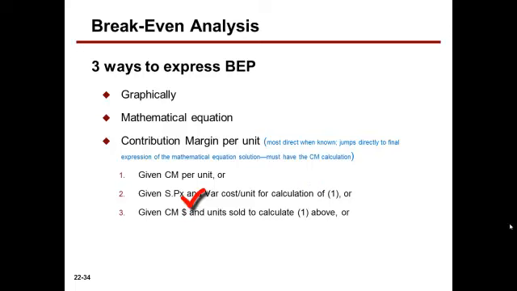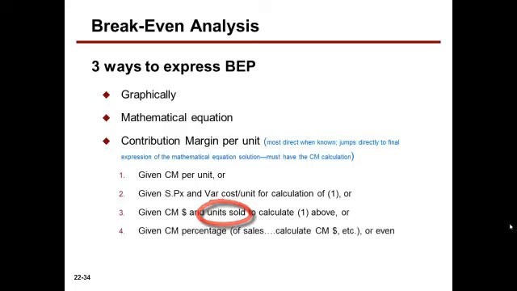Else, a problem may simply present absolute contribution margin dollars, and you just need to look for the units sold to again calculate the contribution margin per unit. Or a problem may present the contribution margin as a percent of sales, the ratio expression, which is then multiplied out to obtain the contribution margin in dollars, and then continuing on to calculate contribution margin per unit using the units sold.